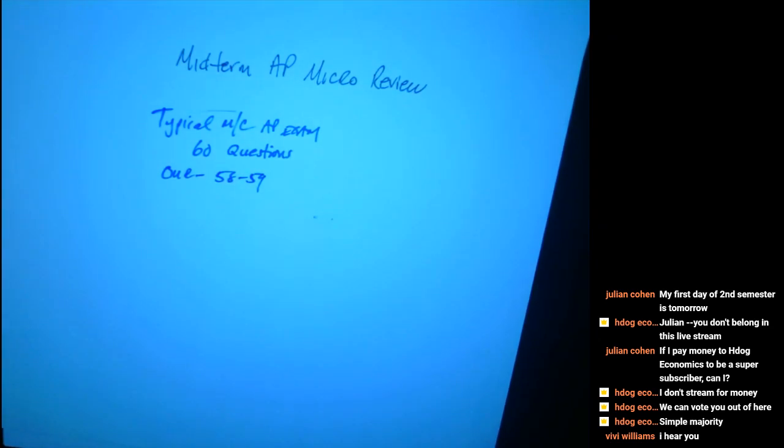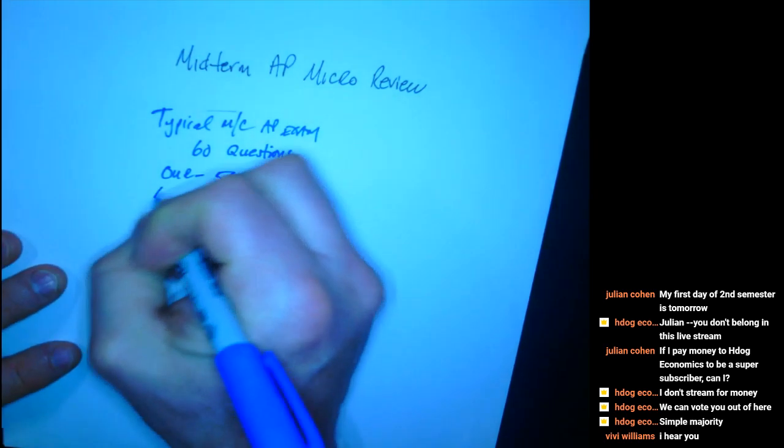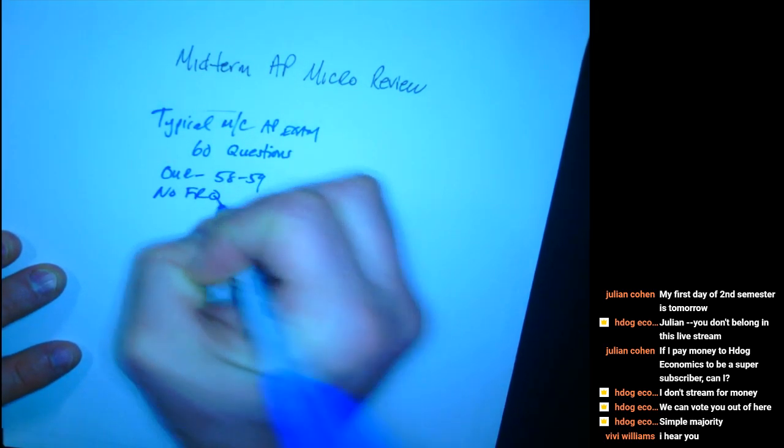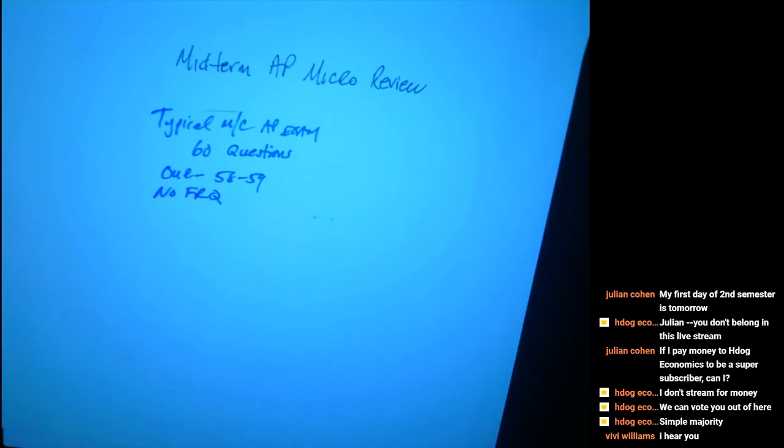I know I took one question out, so it's down to 59. There might be one other question that I'm taking out as well. There is no FRQ. I think we're really good with our FRQs, and that's fantastic. But I want to go over the things that you should be focusing on specifically.